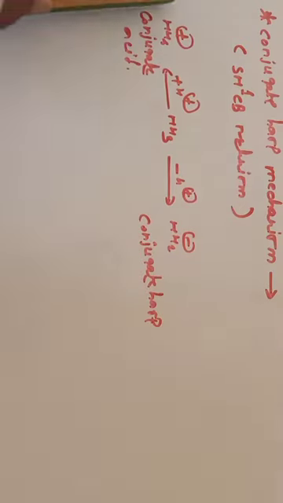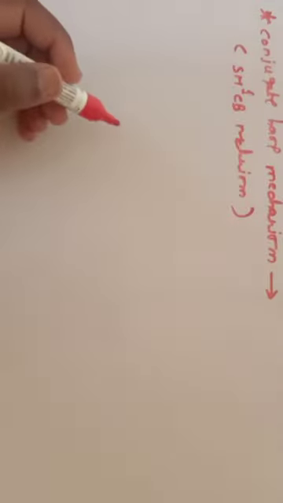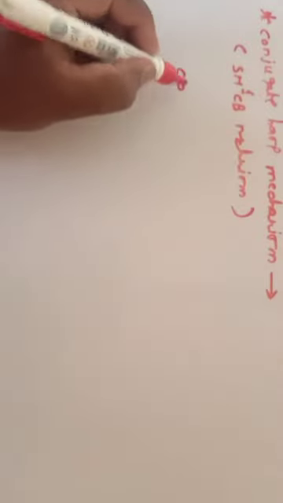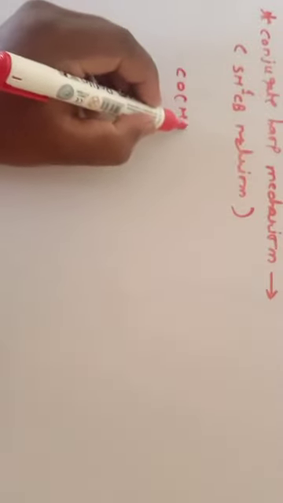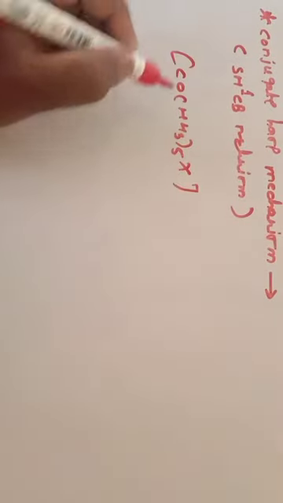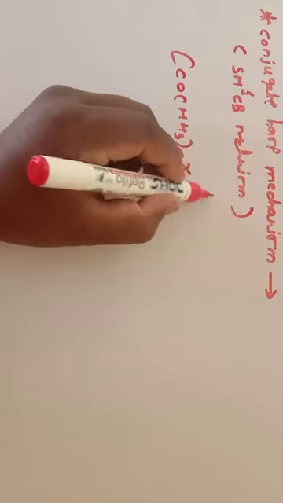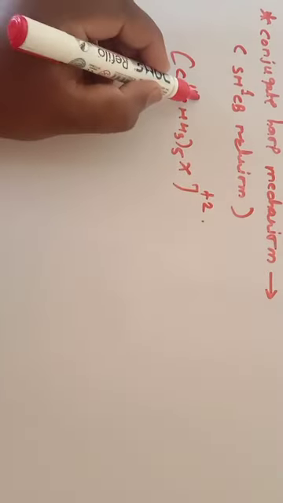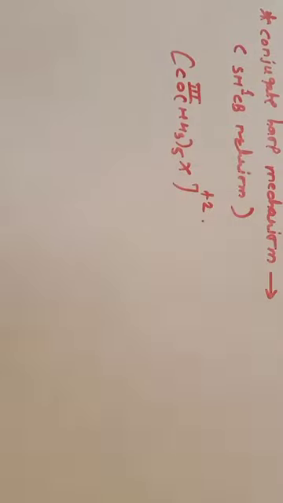So let us discuss the reaction first, and then we will discuss the mechanism and the important points regarding this reaction. This is the reaction: Co(NH3)5X, or we can consider X as Cl, it is in 2+. Keep in mind that this cobalt is in +3 oxidation state.